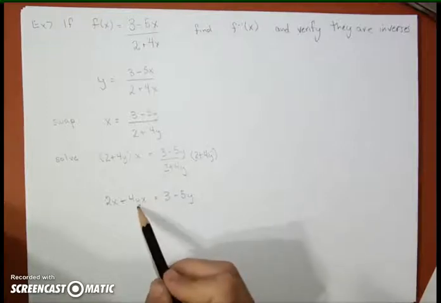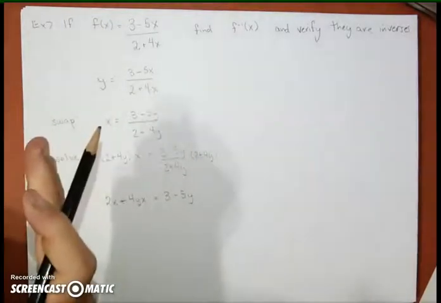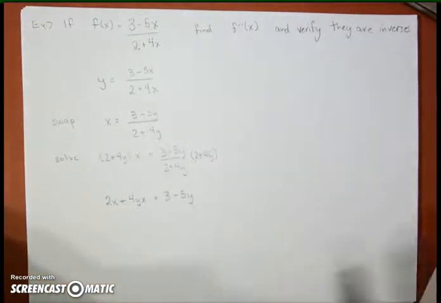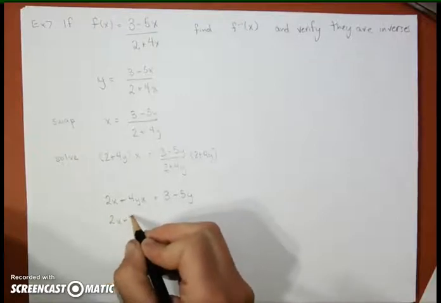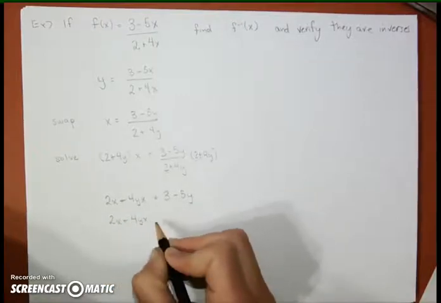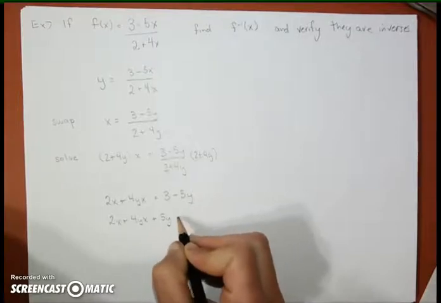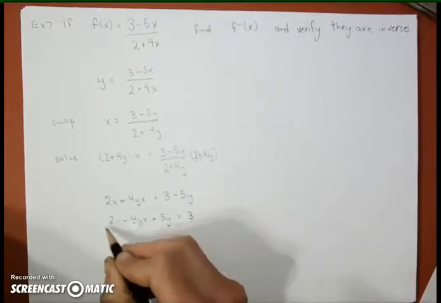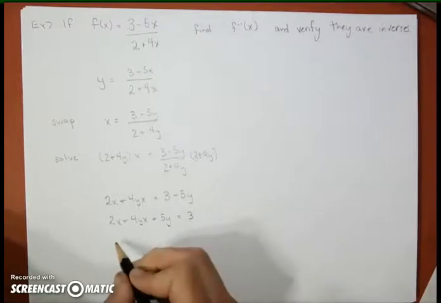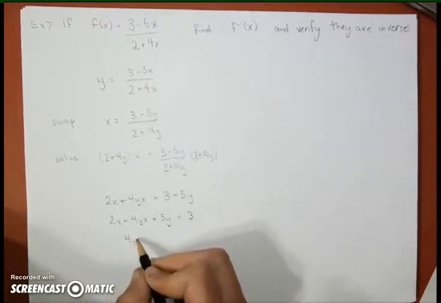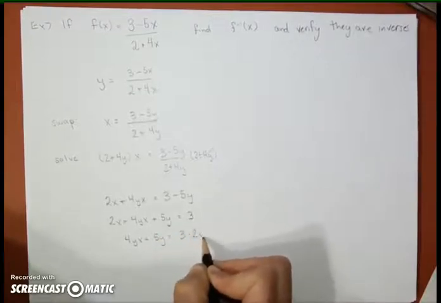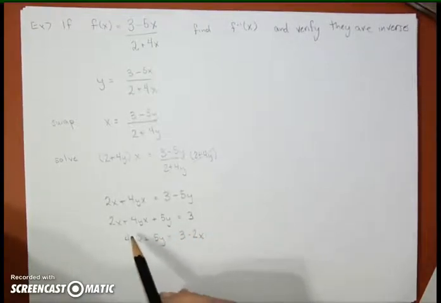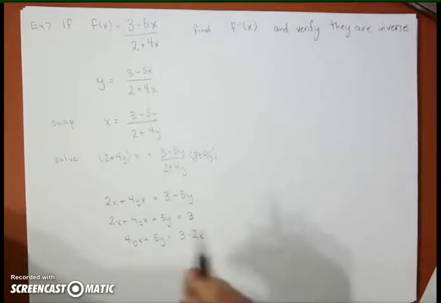If I want to solve for y, I want to have all the y's on one side of the equation and everything else on the other side. So let me bring this 5y over by adding 5y to both sides. And bring the 2x over to this side by subtracting 2x from both sides. But now I need to solve for y. So you'll notice that y is a common factor of both of these terms, so I can pull it out.